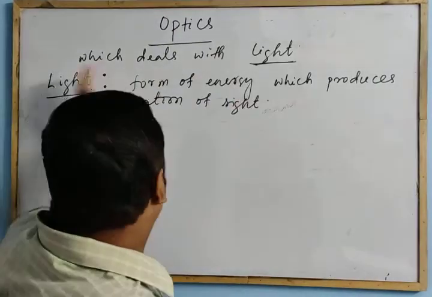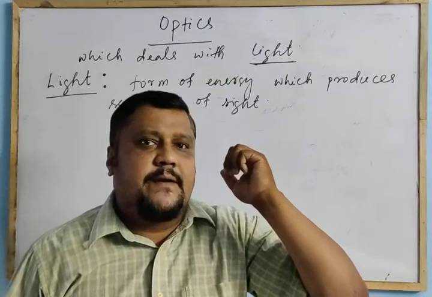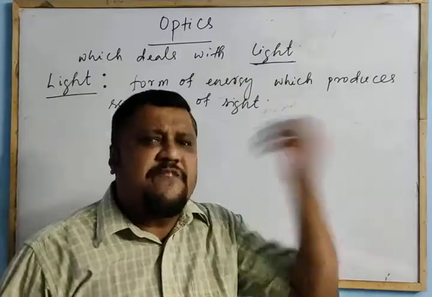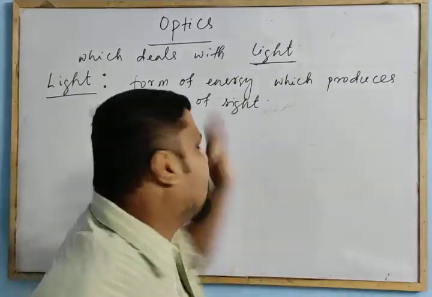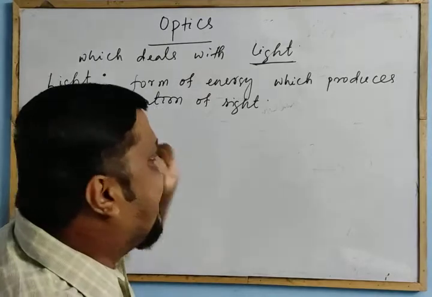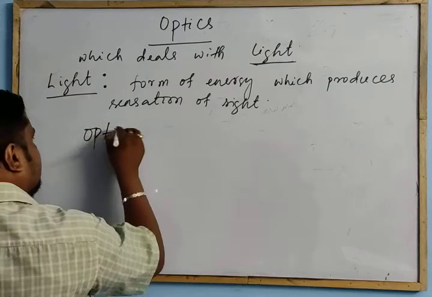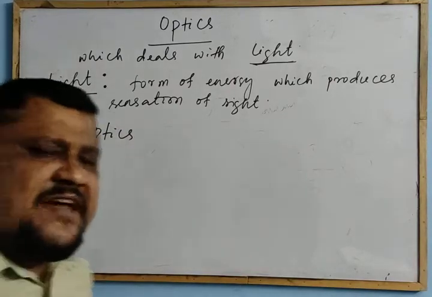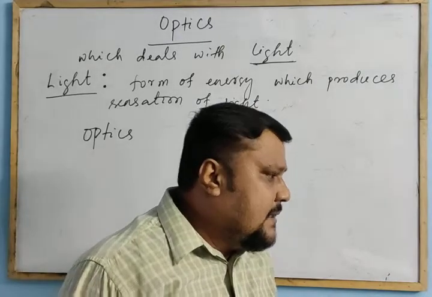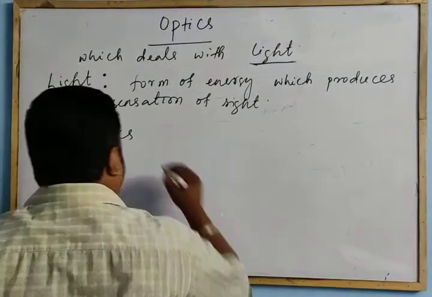But this definition of light is partial, because when we read further, we can define light in a more precise way, that we will discuss later. But now, optics is a very vast topic, and it is broadly divided into two branches.